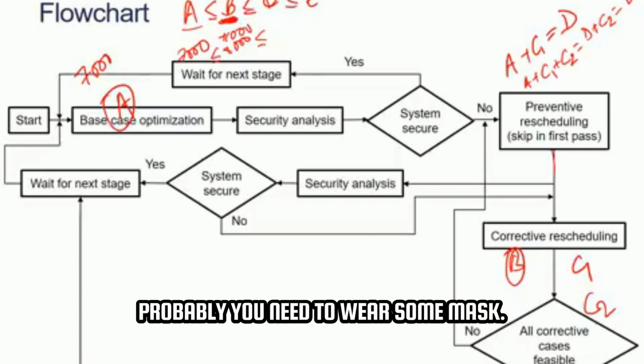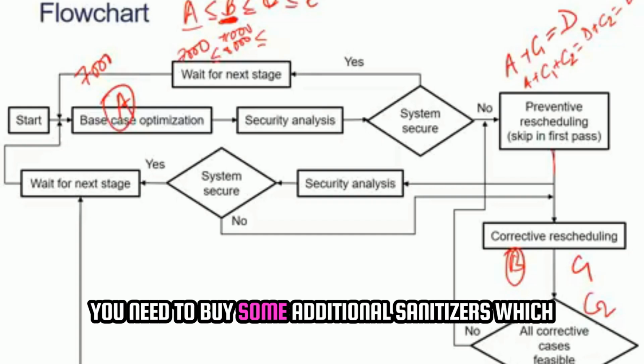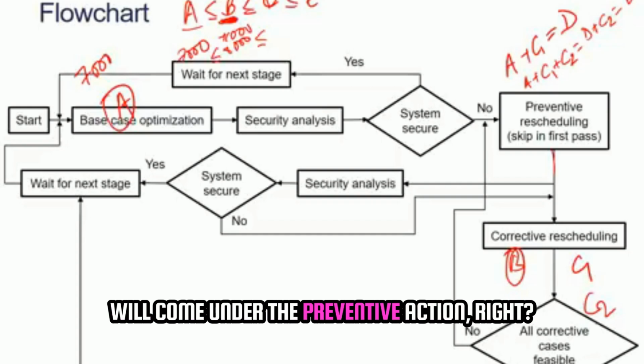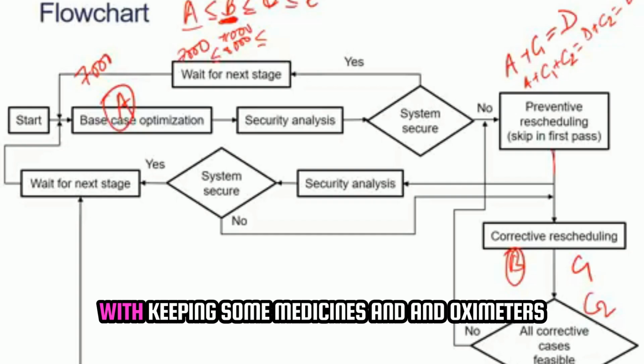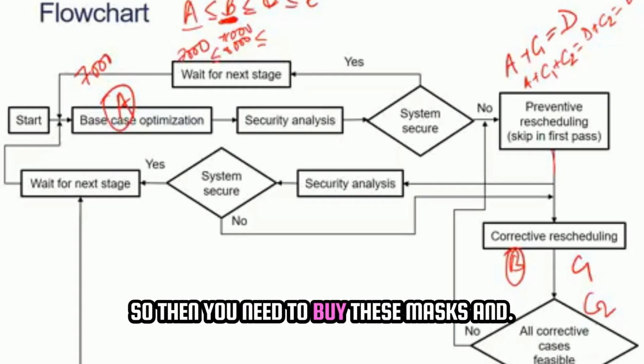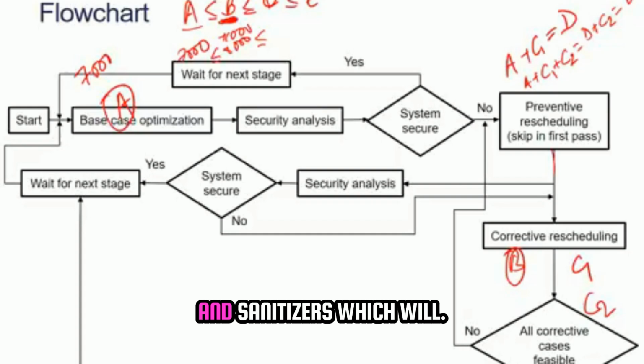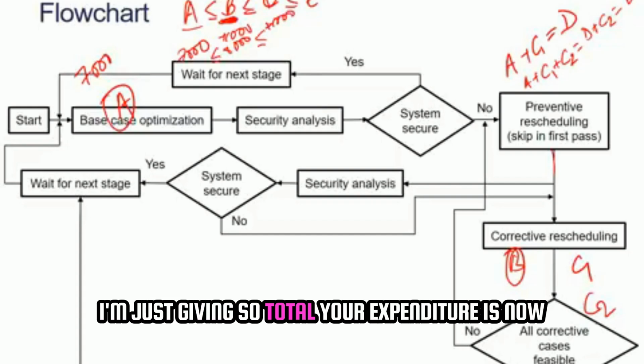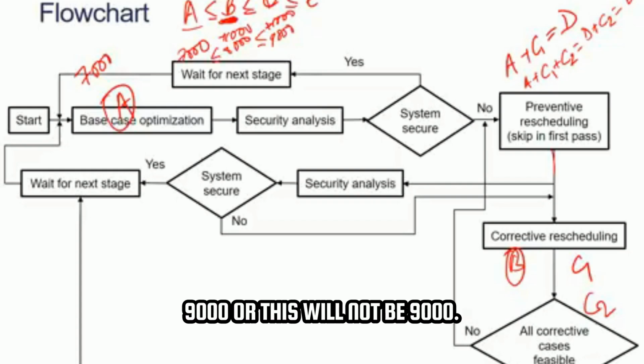Probably you need to wear masks and buy additional sanitizers, which will come under the preventive action, right? Because just keeping some medicines and oximeters is not going to safeguard you. So you need to buy these masks and sanitizers, which will, let's assume, be plus 1,000.